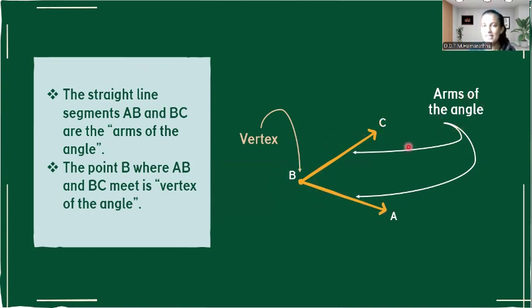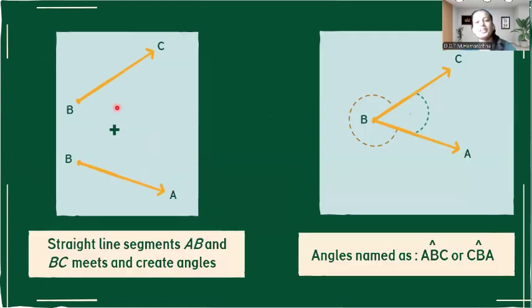This was not an angle before. These were only two lines. See here, there were only two lines earlier. When they get together and meet at point B, they make an angle.